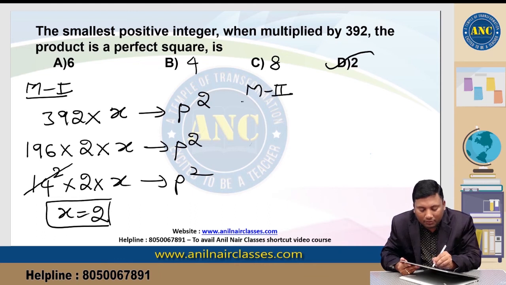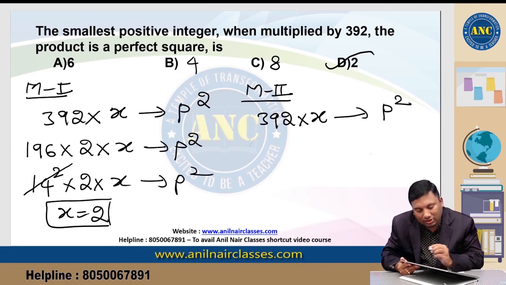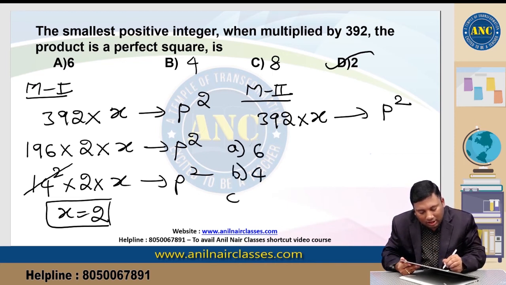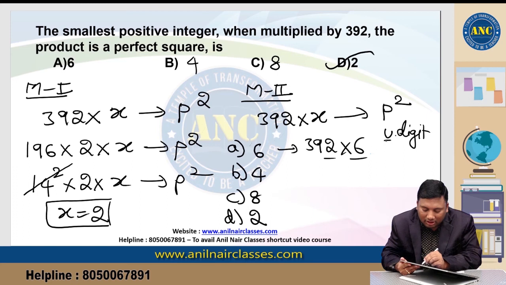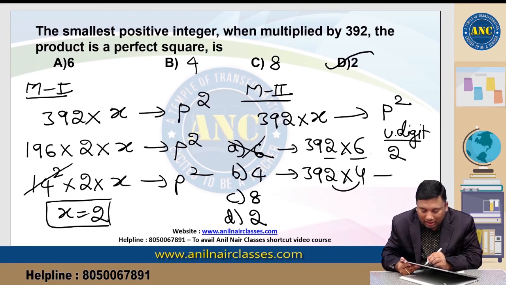Method 2. 392 should be multiplied by which number so that the product is a perfect square? Suppose the first option is 6, second option 4, third option 8, fourth option 2. First option: if I take 392 into 6, the unit digit will become 2. A perfect square never ends with 2, 3, 7 or 8. First option is out. 392 into 4: 2 4s are 8.